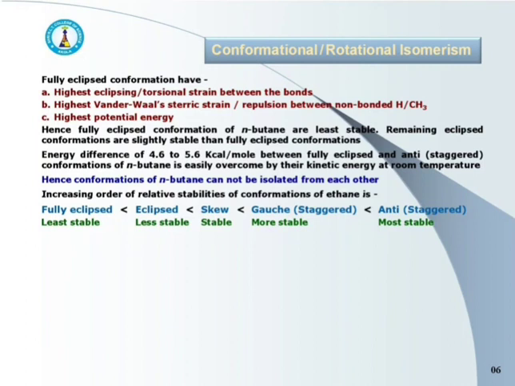Now about the fully eclipsed conformation. In fully eclipsed conformation, there is highest eclipsing or torsional strain between the bonds because here bonds are very much closer to each other.